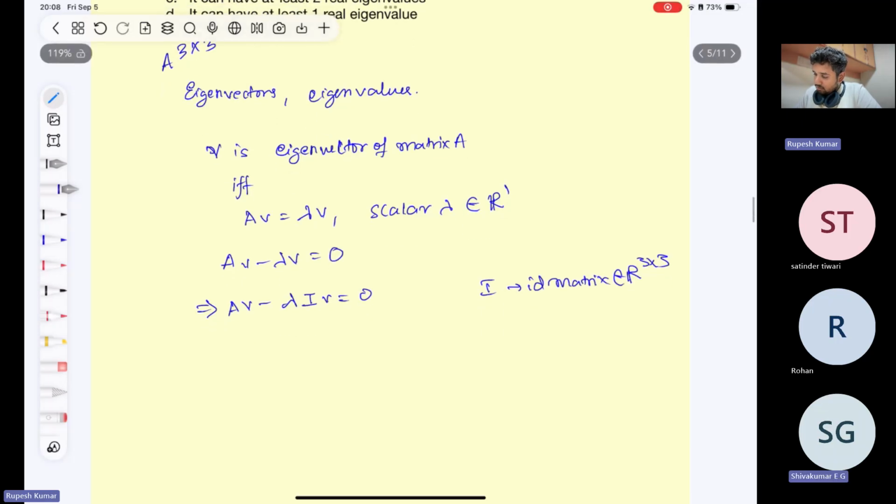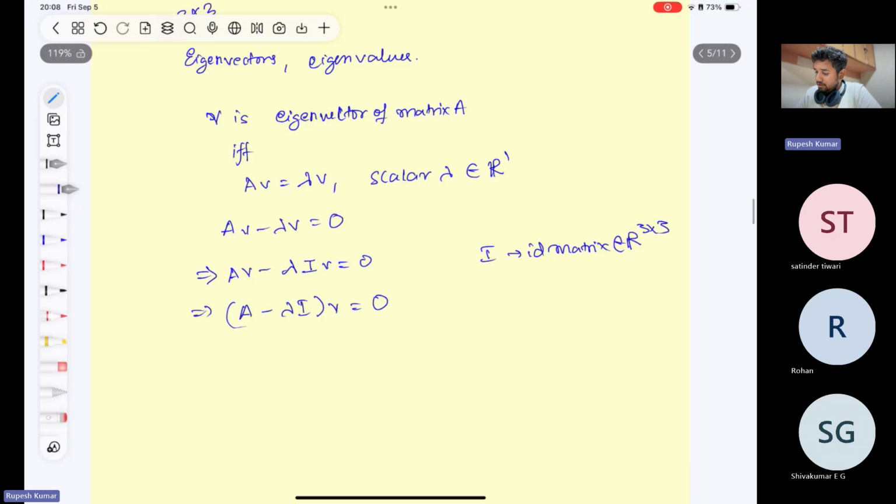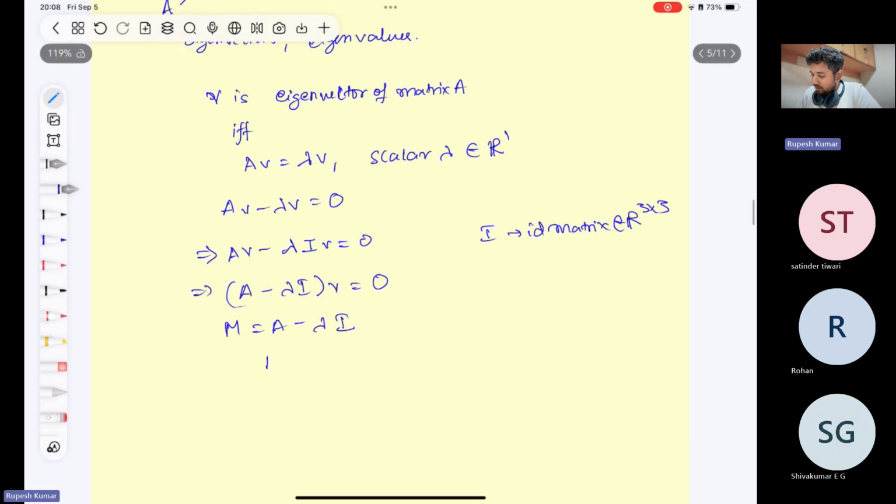From here I can write (A minus lambda I) times V equals 0. Let's look at the matrix M, which is A minus lambda I. So MV equals 0. What are the solutions to this system of equations? It all depends on the matrix M. One trivial solution is V equals 0. The trivial solution is always there.